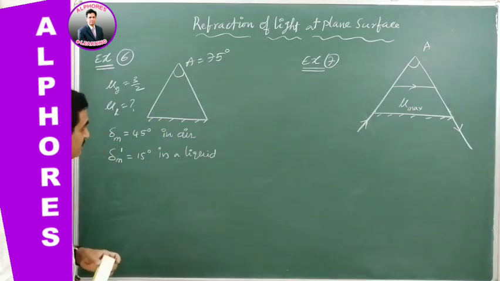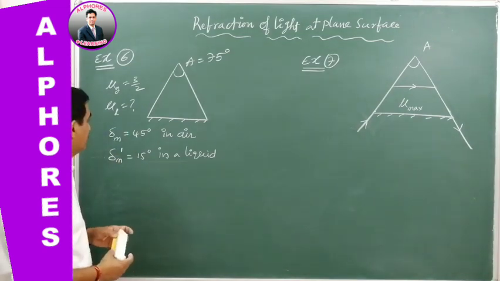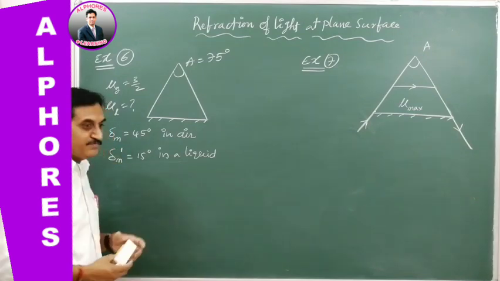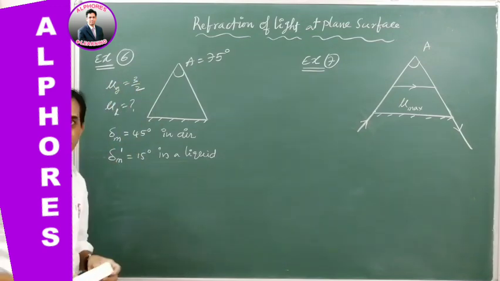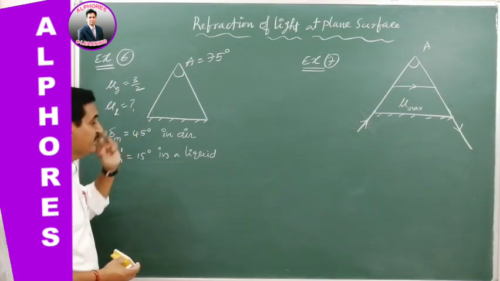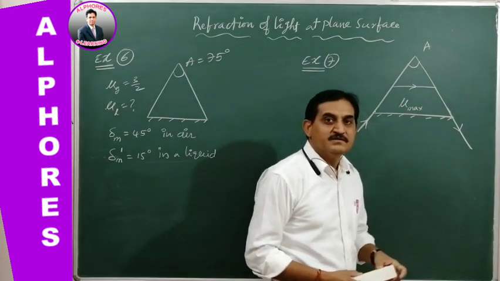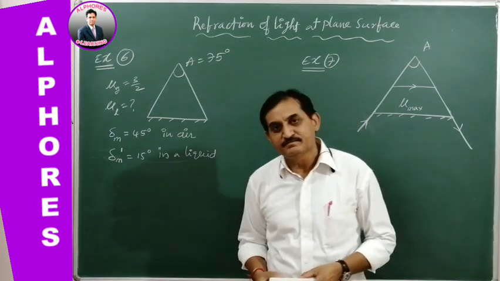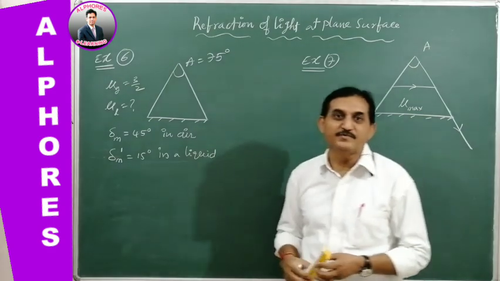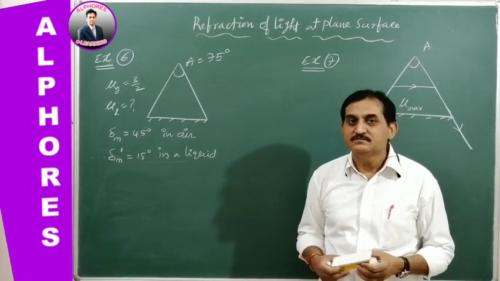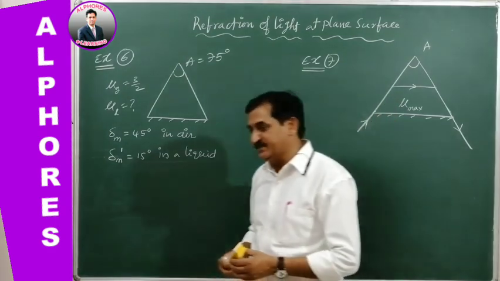Once again, a prism of angle 75 degrees, made of dense glass, kept in air, gives minimum deviation 45 degrees. If it is submerged in a liquid, the minimum deviation suffered by the light is 15 degrees. Then what is the refractive index of the liquid in which the prism was submerged?